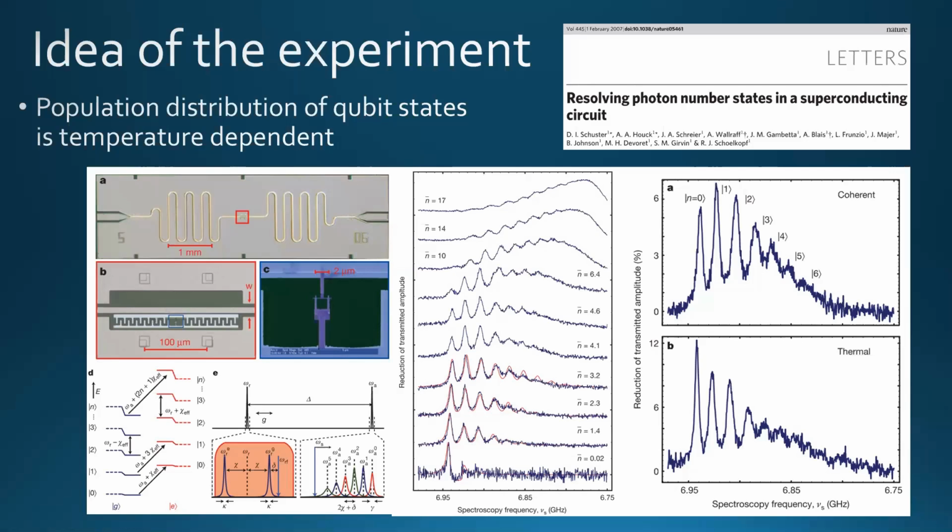The complication here is the photon number. I don't remember exactly this experiment, but anyway, this is the qubit coupled to the resonator.